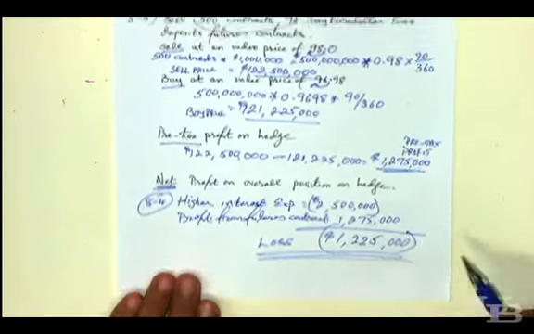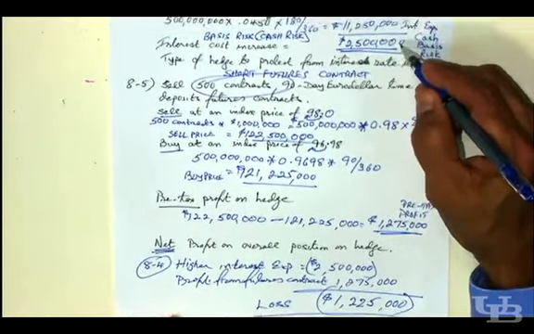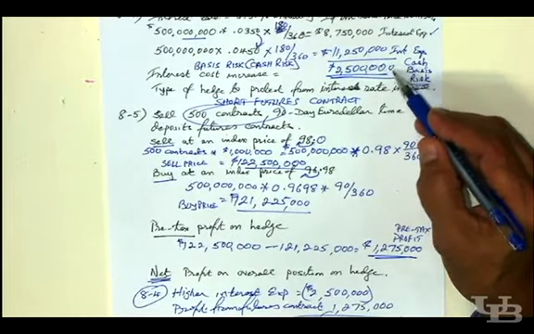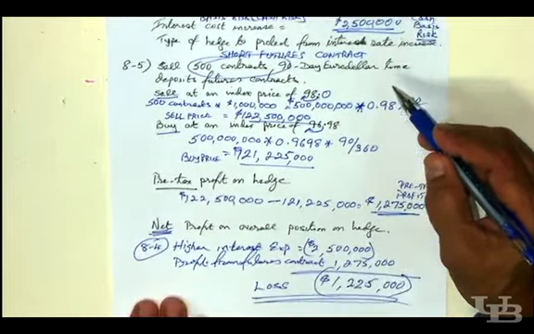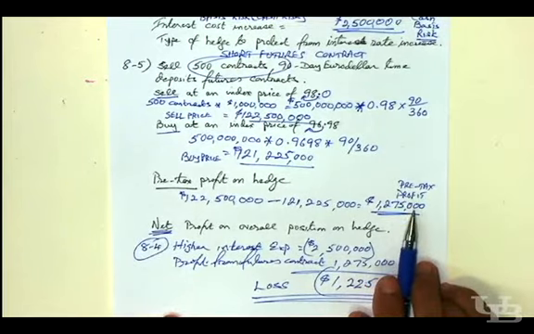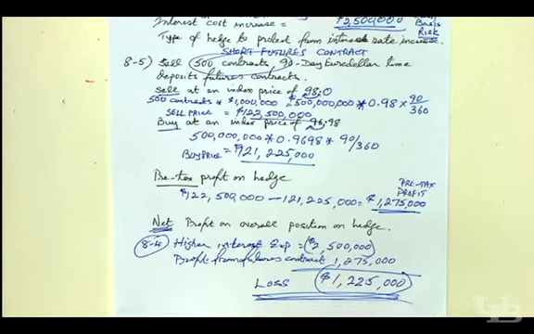The net profit, by the way, is the difference between the $2.5 million higher interest expense, offset by the $1,275,000 profit on the hedge, and therefore the institution has lost $1,225,000.